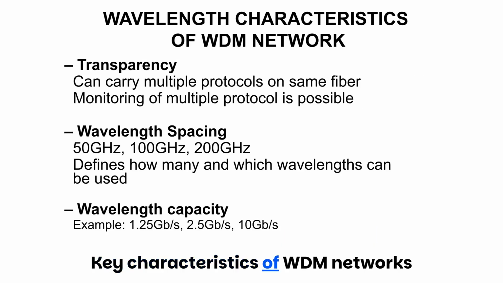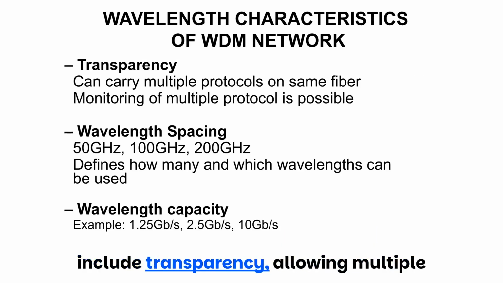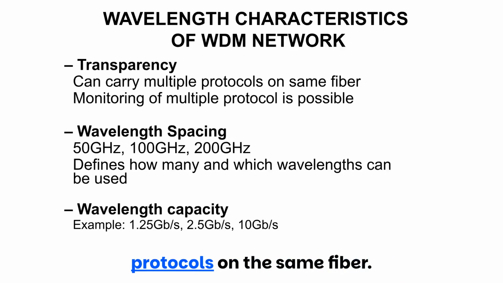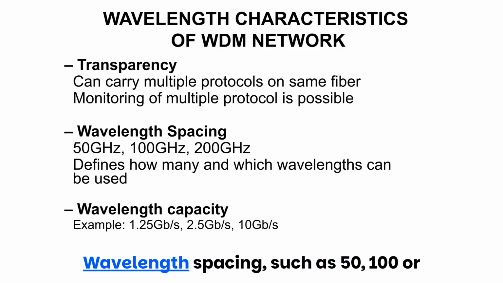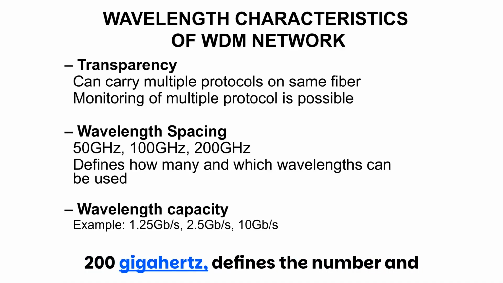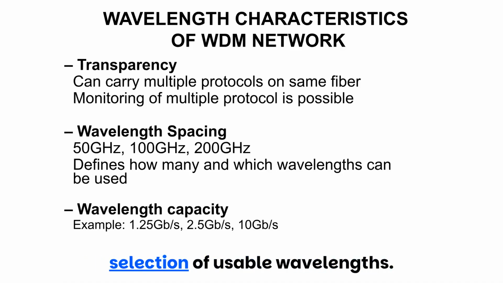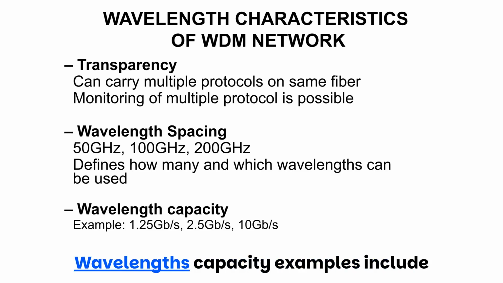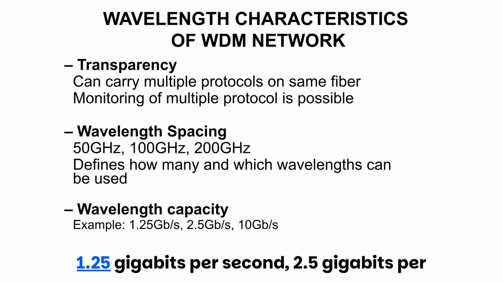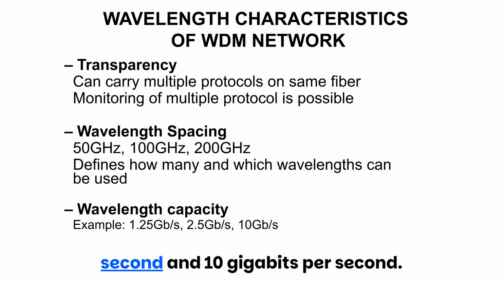Key characteristics of WDM networks include transparency, allowing multiple protocols on the same fiber. Wavelength spacing, such as 50, 100, or 200 GHz, defines the number and selection of usable wavelengths. Wavelength capacity examples include 1.25 gigabits per second, 2.5 gigabits per second, and 10 gigabits per second.